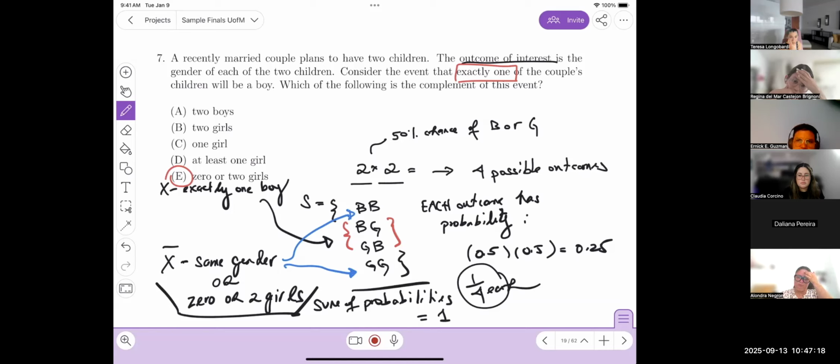Yes, Ernick. One has to be a boy, and that leaves the other two. My suggestion is when you have multiple choice, don't look at the options until you've thought through the problem, because it might guide you in the wrong direction.